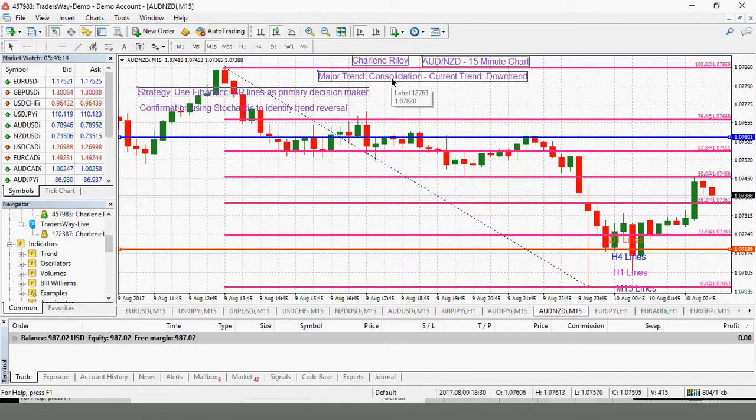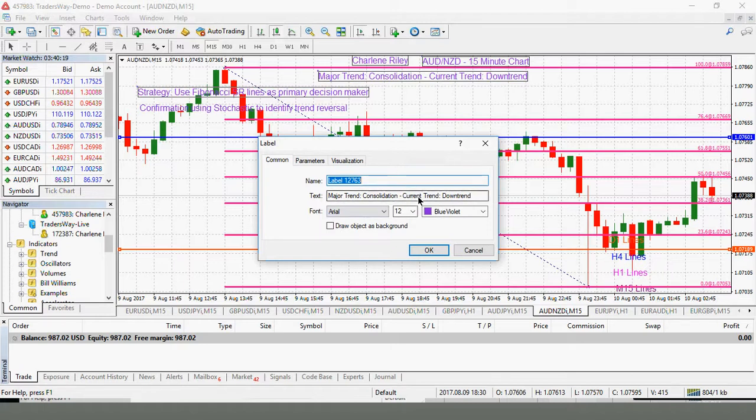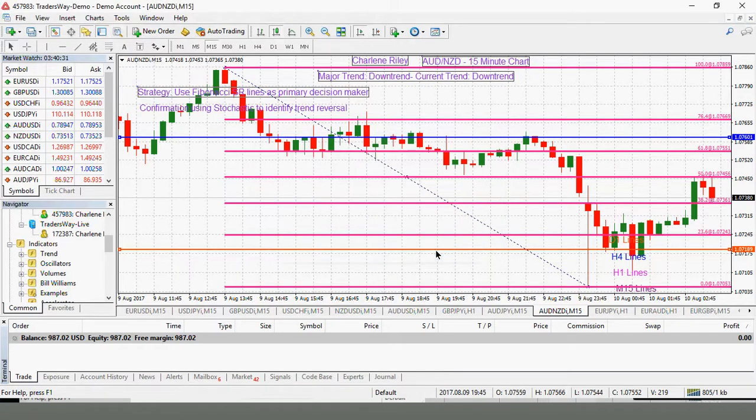I see that the major trend is actually a downtrend. And it looks like the current trend is also a downtrend.